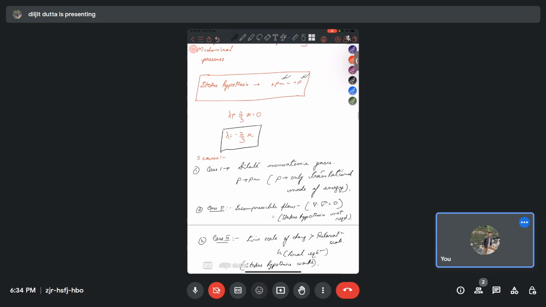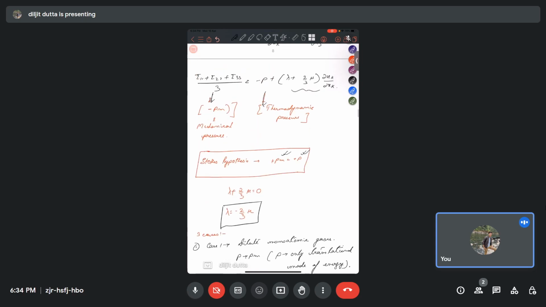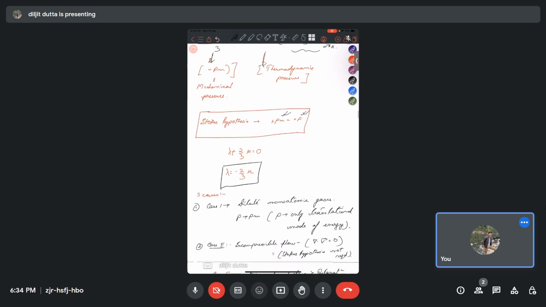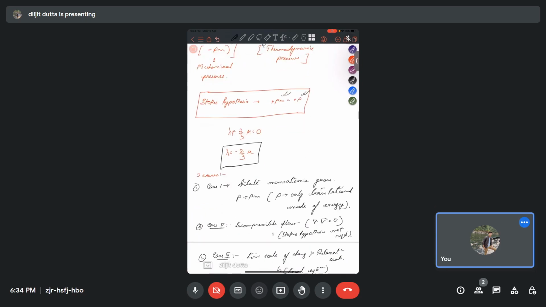Now there can be three cases where this hypothesis is valid. One is for dilute monoatomic gases. In that case, there is only one degree of freedom, that is the translational degree of freedom. So the thermodynamic pressure is equal to mechanical pressure automatically.